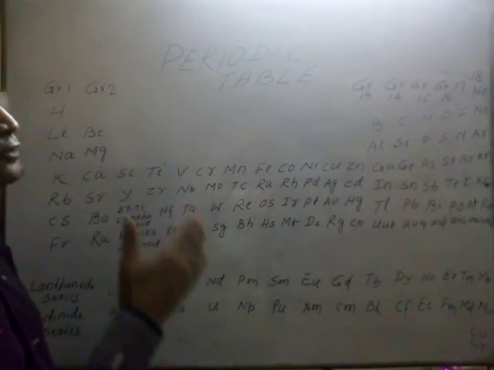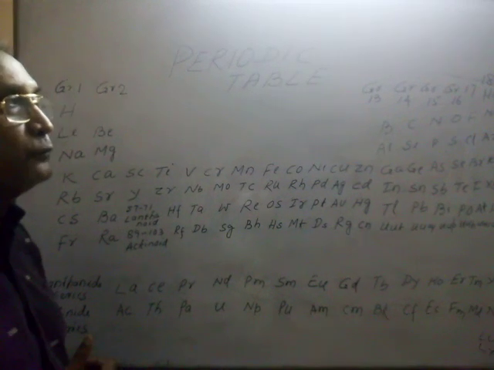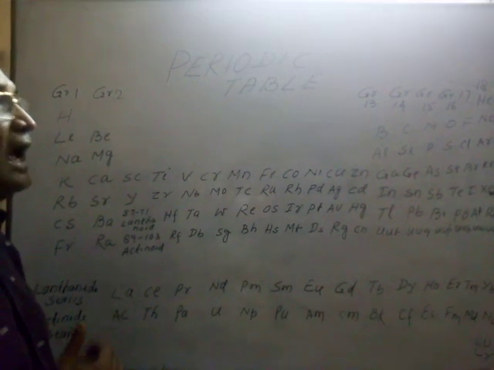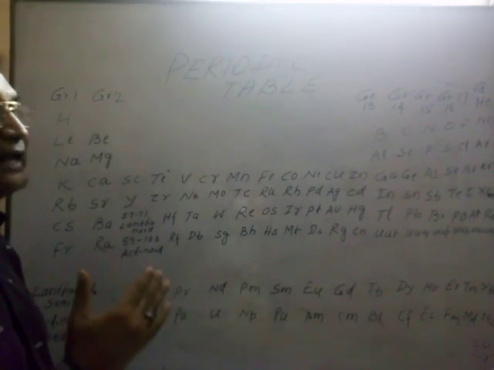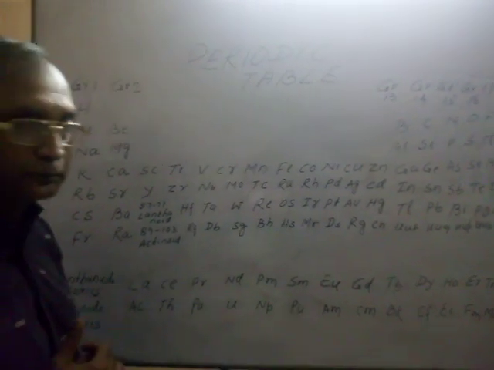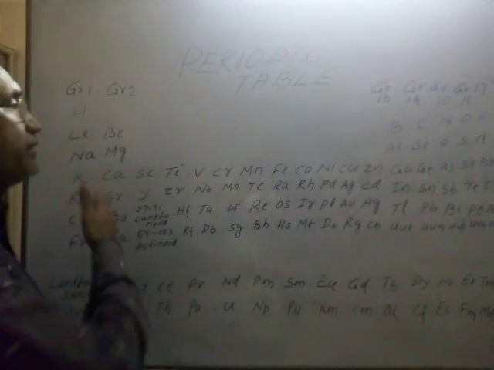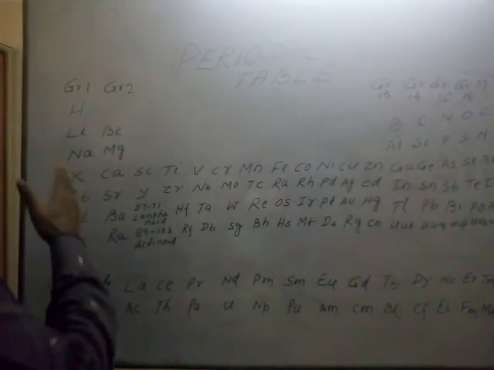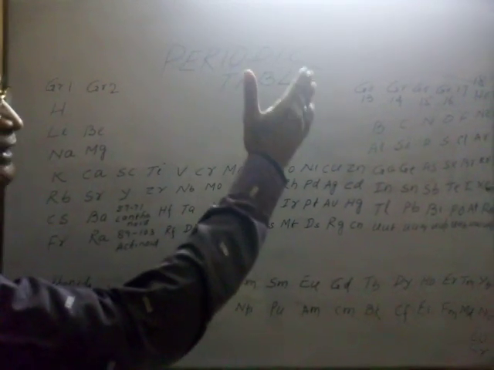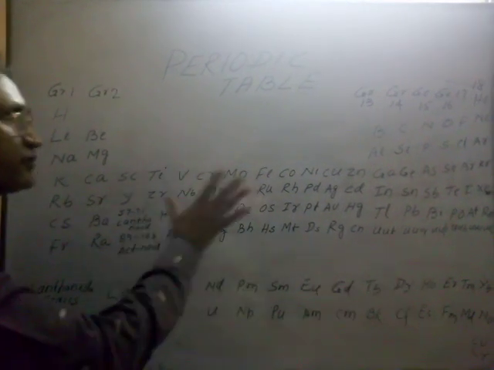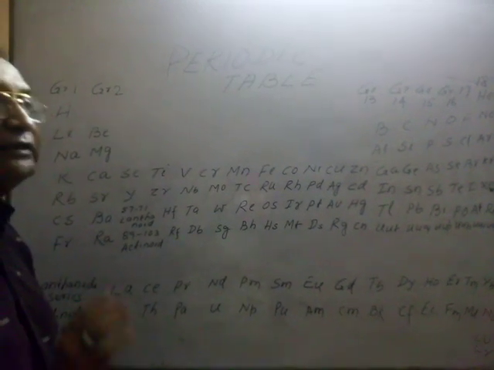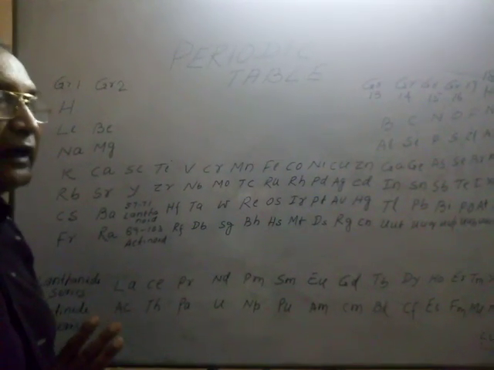Group 16 is oxygen family. Group 17 is halogen family. And group 18 is known as inert gas family or noble gas family. In your syllabus, we only discuss group 1, group 2, 13, 14, 15, 16, 17 and 18. The transition elements and inner transition elements you will read in class 11.